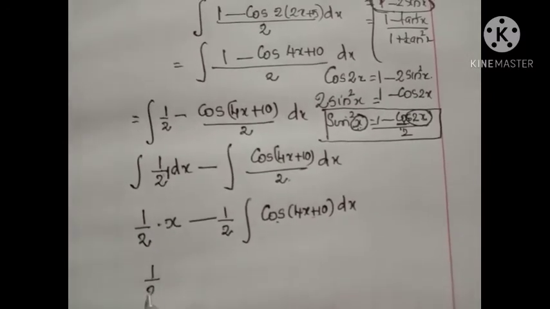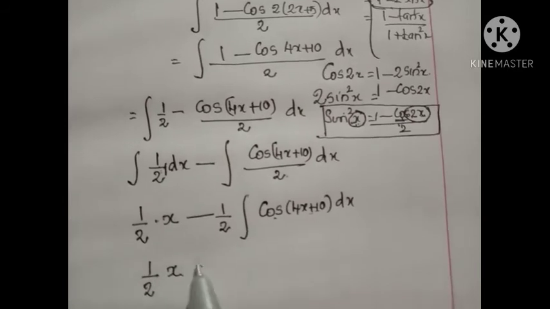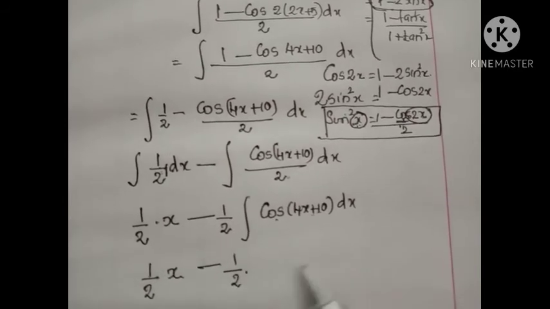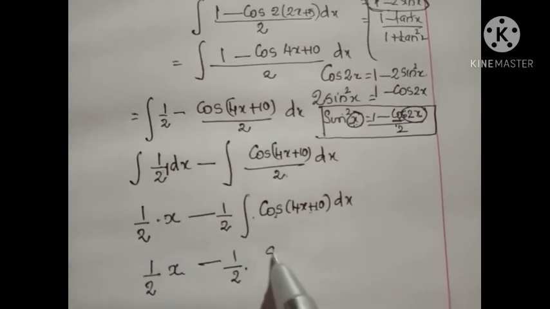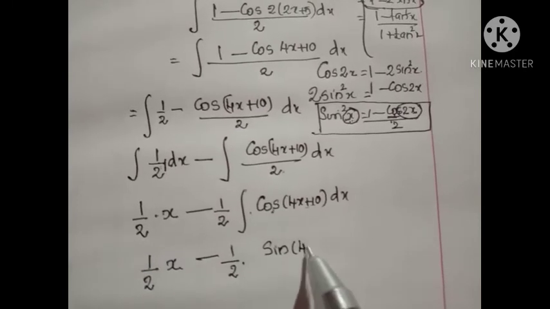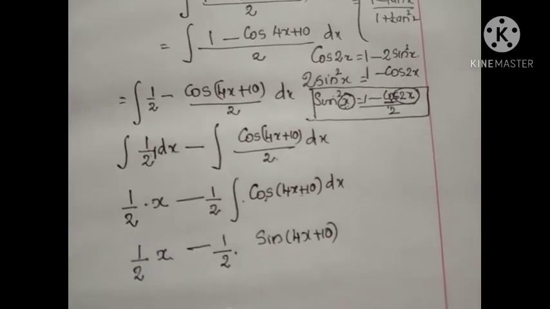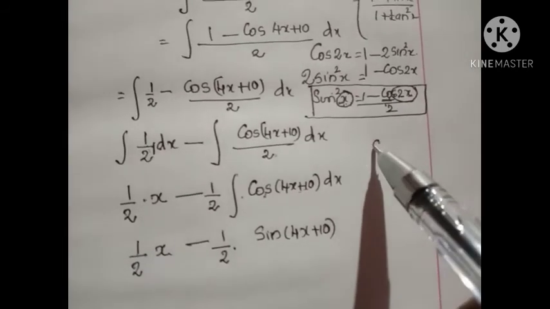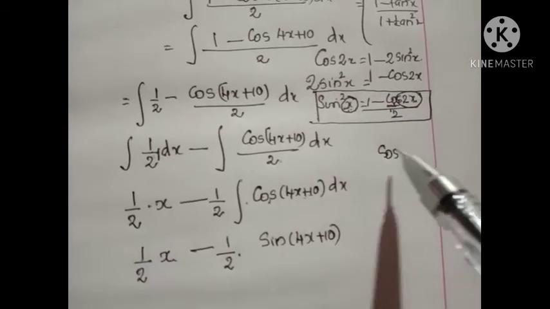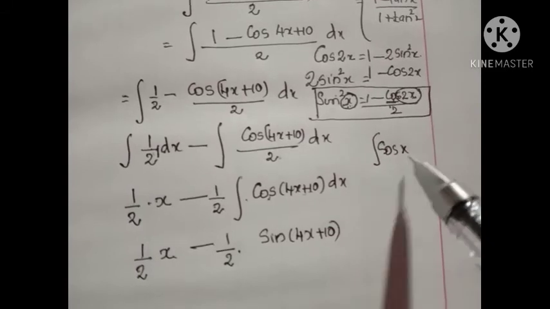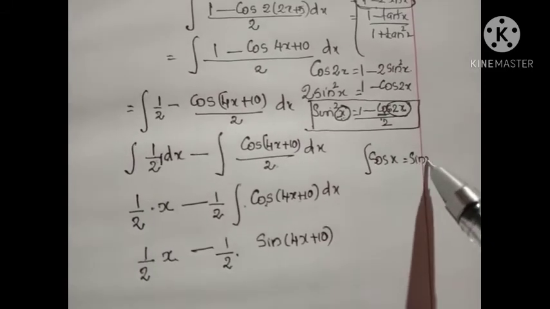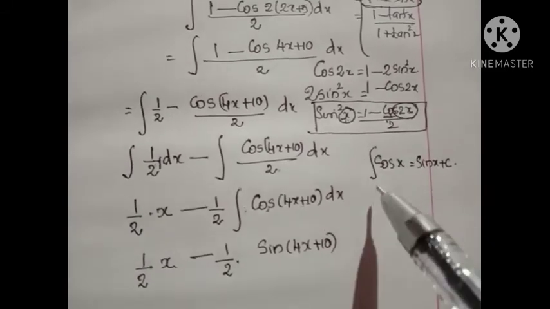It is half x minus 1 by 2 into integral of cos, which is sine: sin (4x plus 10). Now listen, if it is cos x, then the integral of cos x is sin x plus the integration constant c.